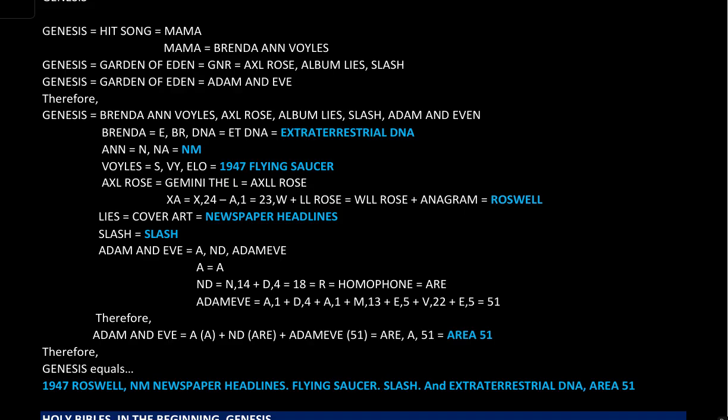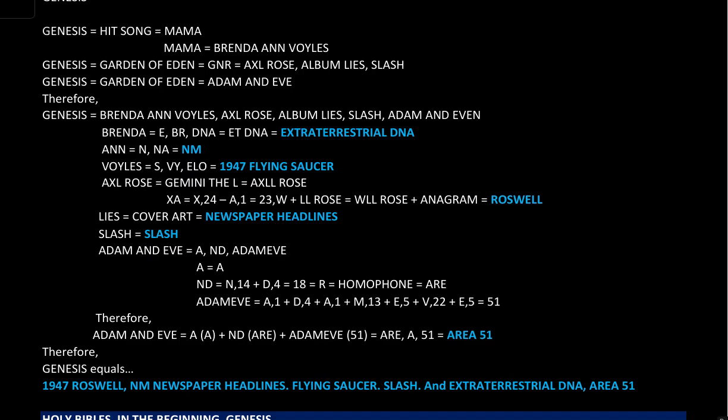All right. First book in the Bible is Genesis. The band Genesis have a hit song called Mama. Mama is what I used to call my mother, whose name is Brenda Boyles. Genesis is the book of the Bible with the Garden of Eden story. Garden of Eden is sung by Guns N' Roses, whose lead singer is Axl Rose. They have an album called Lies.